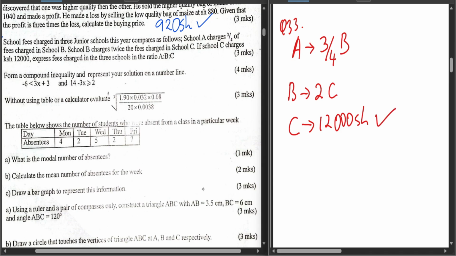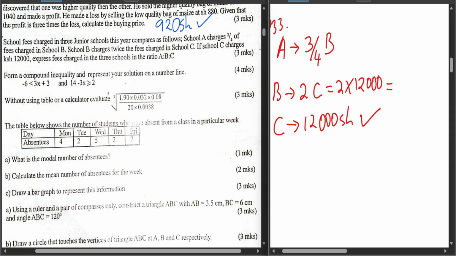Now we know whatever school C charges is 12,000 shillings. So school B charges 2 times whatever is charged in school C, so it's going to be 2 times 12,000, which will give you 24,000 shillings. And now school A charges 3 over 4 of whatever is charged in school B, which is 3 over 4 times 24,000.